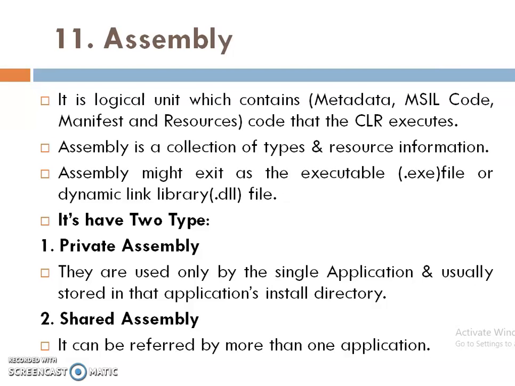It has two types. First, private assembly, and second, shared assembly. A private assembly is used only by a single application and is usually stored in that application's install directory. And a shared assembly can be referenced by more than one application.